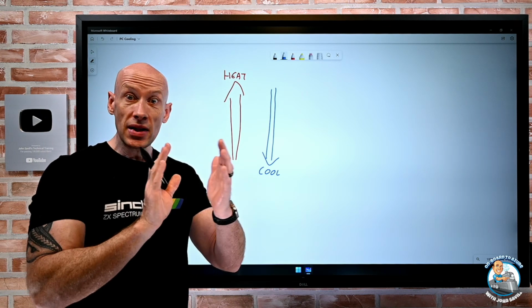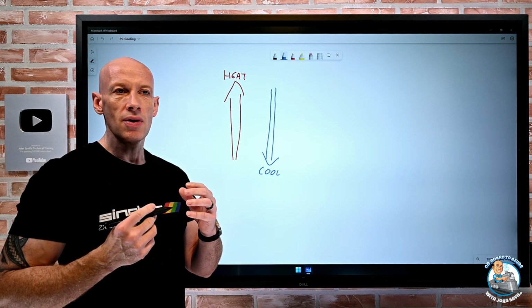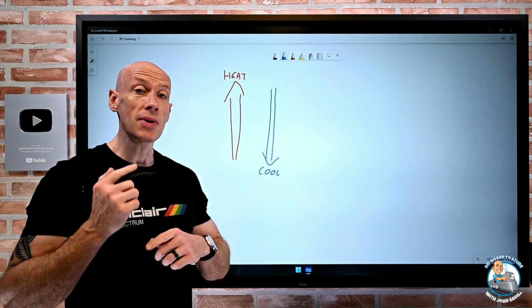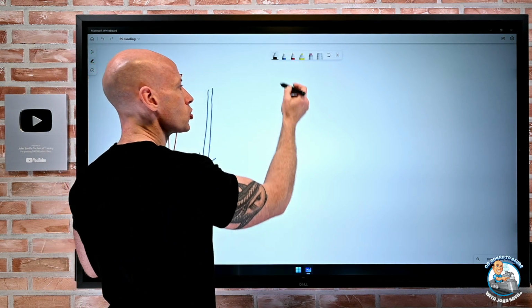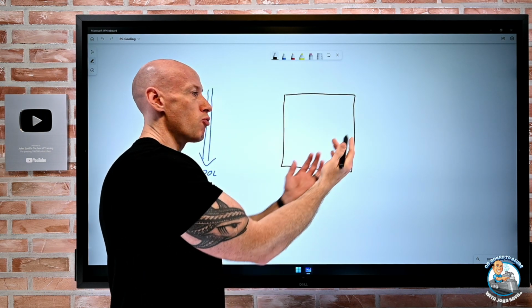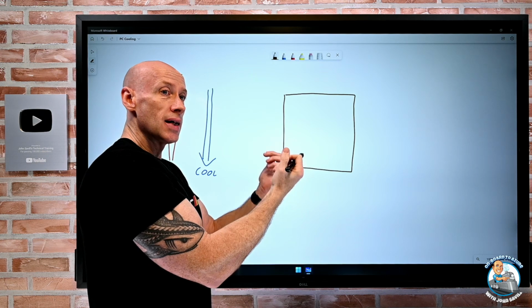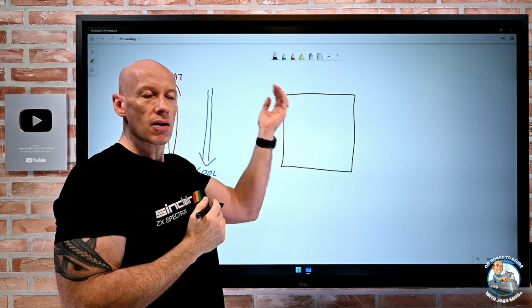Now, those fans might be different sizes. They might spin at different speeds. But if we assume they're the same size and we assume they're spinning at the same speed, when we think about the fans, what we want to make sure is we either have the same number that's bringing air into the machine that are exhausting it, or have more coming in than are going out.